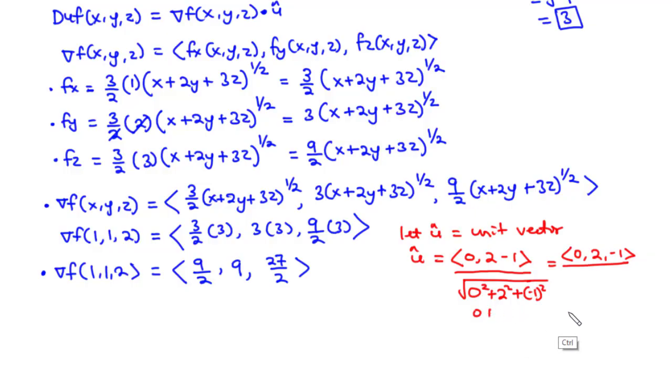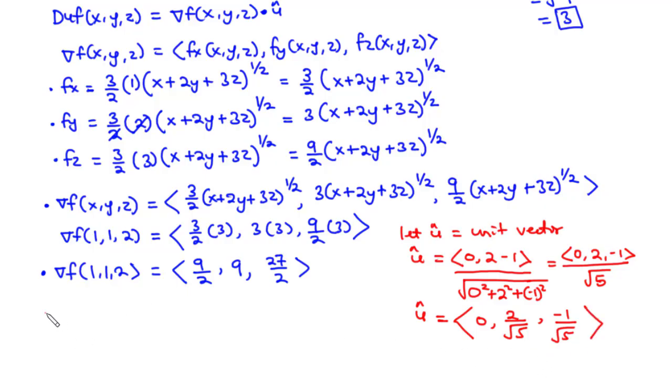So we have the square root of 5, and the unit vector is equal to (0, 2 over root 5, negative 1 over root 5). So this is the unit vector.